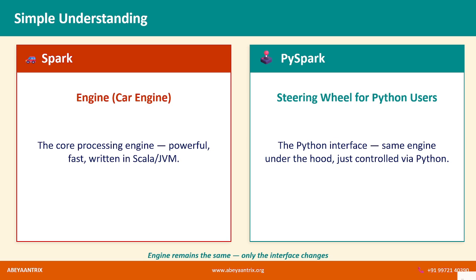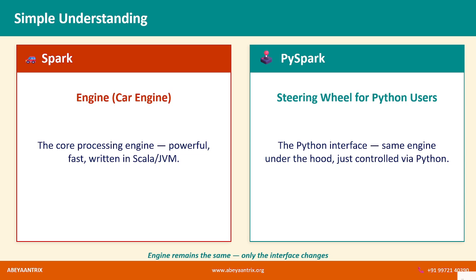For the same engine, you can have different accessories, different steering wheels. The engine is Spark, and the steering wheel and other accessories are considered PySpark. They allow us to access the engine. That is how you have to imagine it.